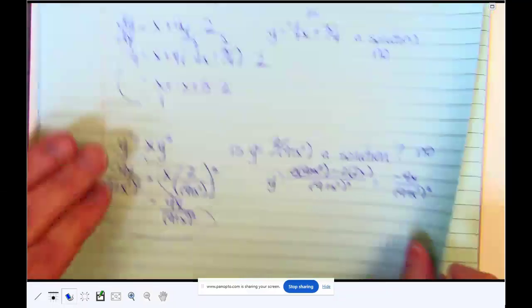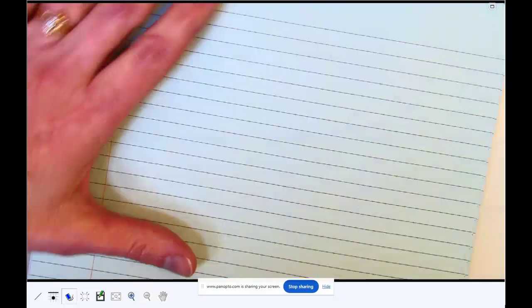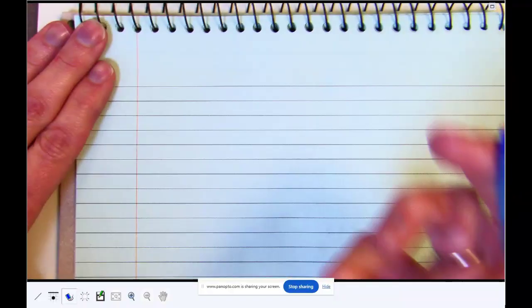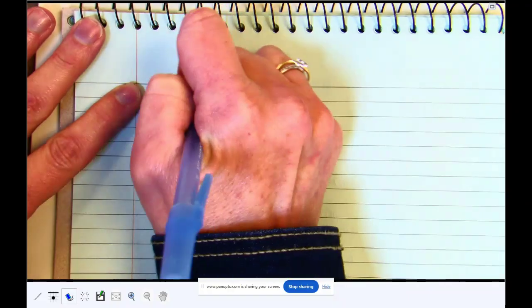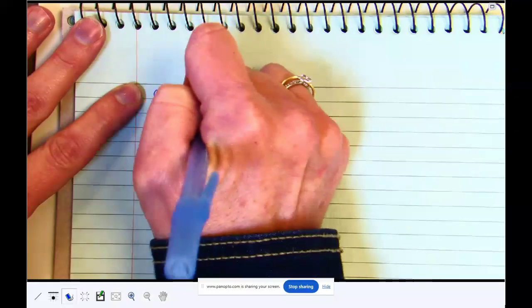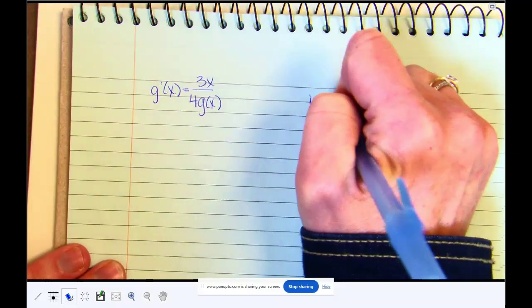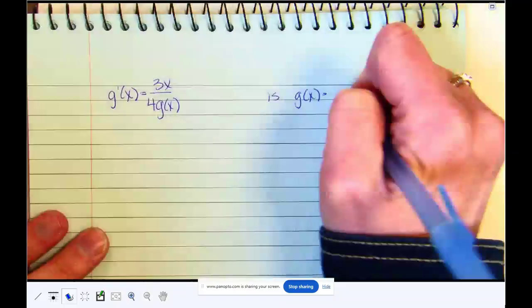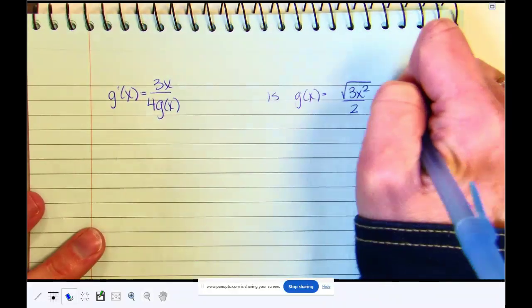Okay, last one. So we've got g prime of x is equal to 3x over 4g of x. Is g of x equals square root of 3x squared over 2 a solution?